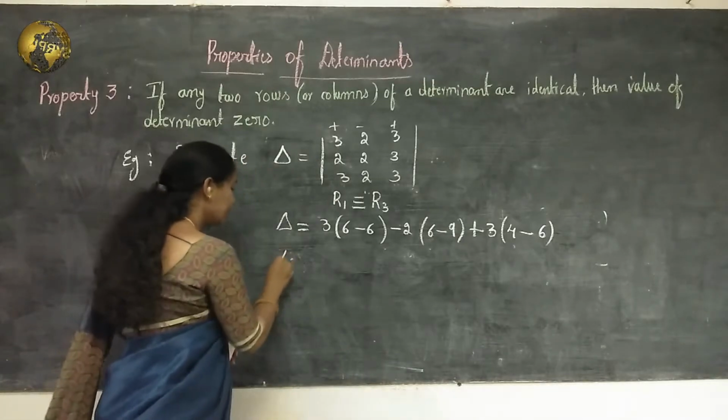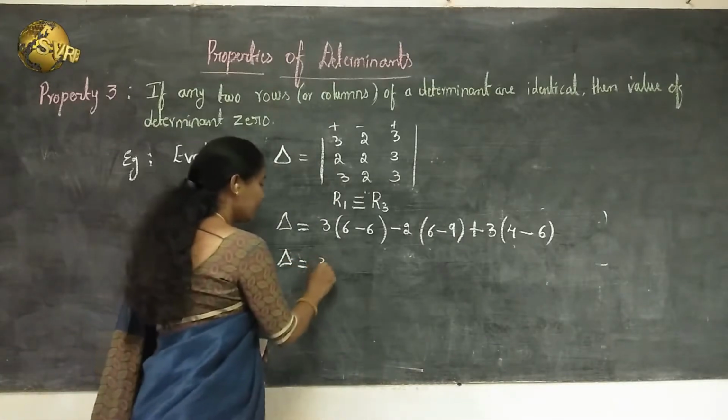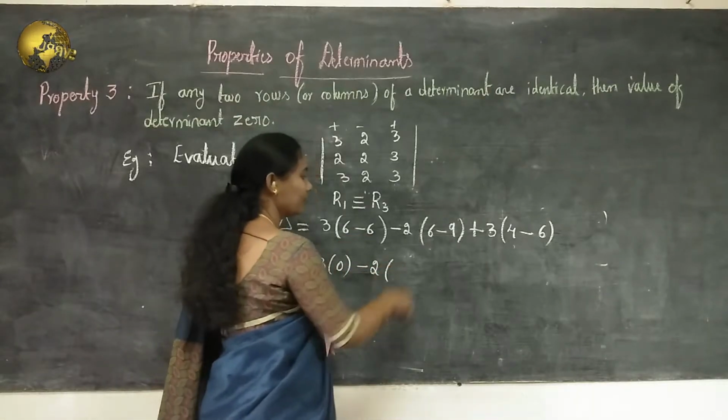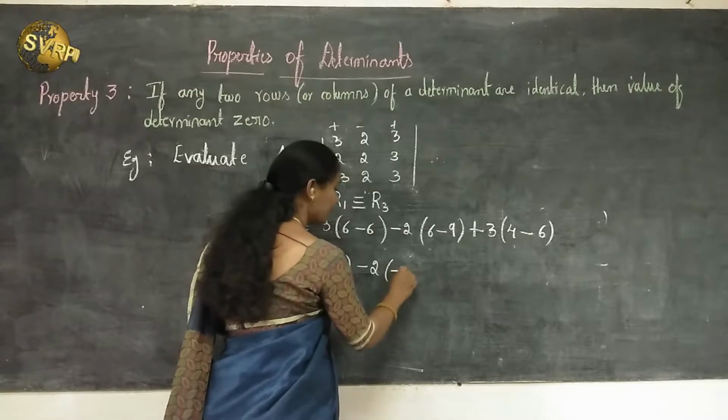So delta is equal to 3 into 0, since 6 minus 6 is 0, minus 2 into 6 minus 9, which is minus 3.